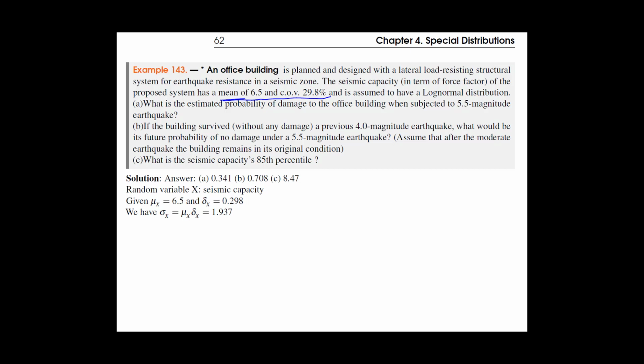So that was case 1 before, when you know the mean and coefficient of variation. This is the situation that we're given here in part A. Therefore, we can solve for the variance of x.